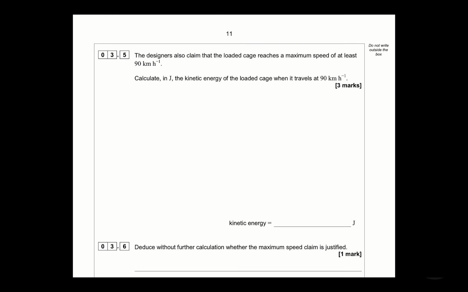Alright, so the designers here have claimed that the loaded cage reaches a maximum speed of at least 90 kilometers per hour. So, calculate the kinetic energy if it's traveling 90 kilometers per hour. One half mv squared. So 1/2 times 1.2 times 10 to the 3. Now for v, we don't want to use kilometers per hour here. If you do, you will get the wrong answer. So we have to convert to meters per second.